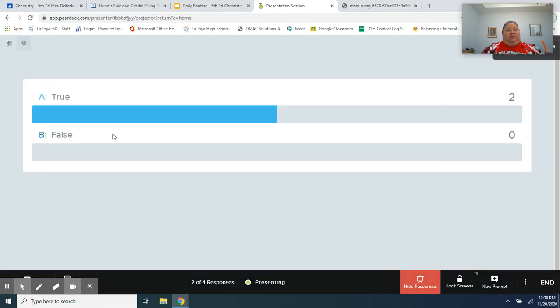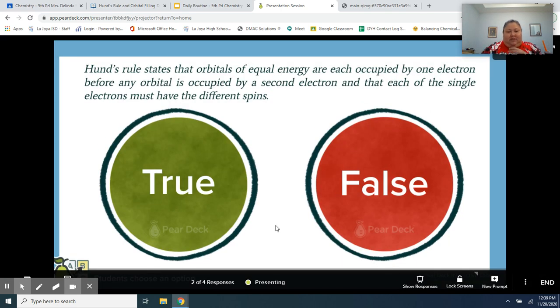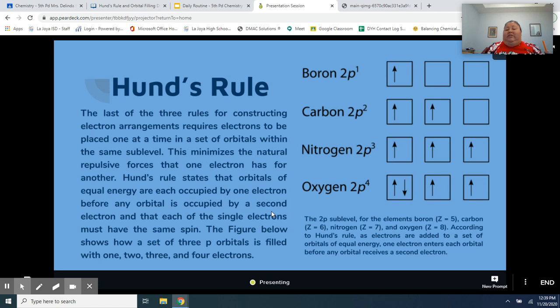All right, so we got 5 truths and 1 false. That is false, guys. Look at it. Hund's rule states that orbitals of equal energy are each occupied by one electron before any orbital is occupied by a second, and that each of the single electrons must have the same spin.